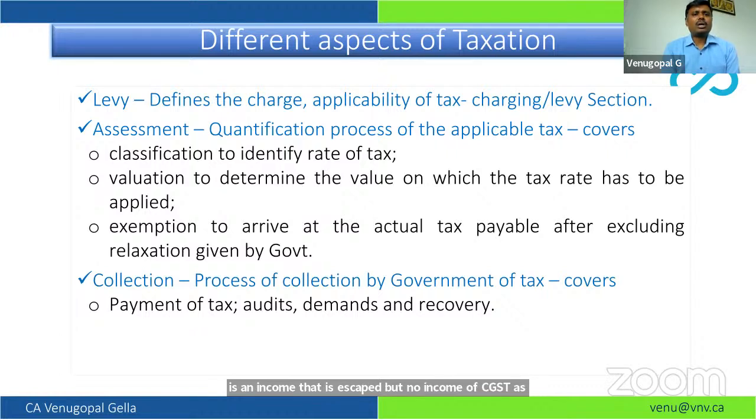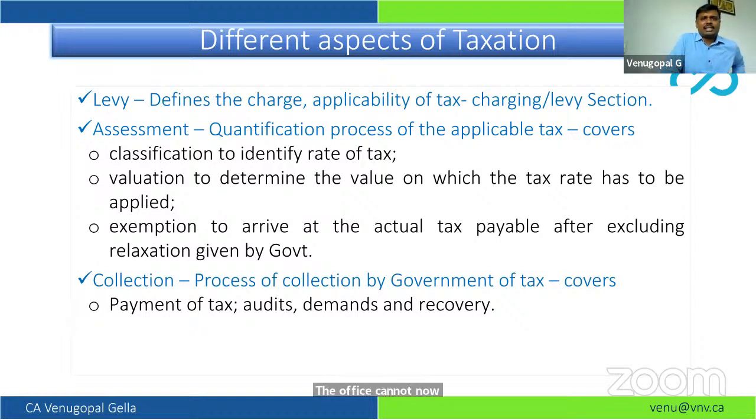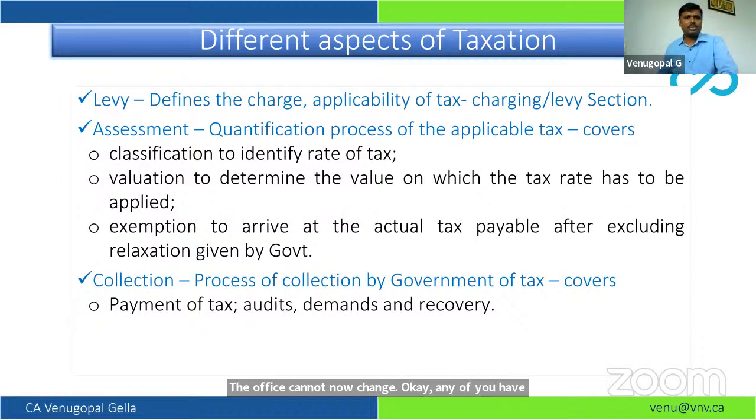The officer cannot now change it and say, anyhow, you have agreed that there is an income that has escaped, pay IGST instead of CGST, SGST, or pay voluntarily IGST. Not possible. There shall be a fresh demand for that tax.